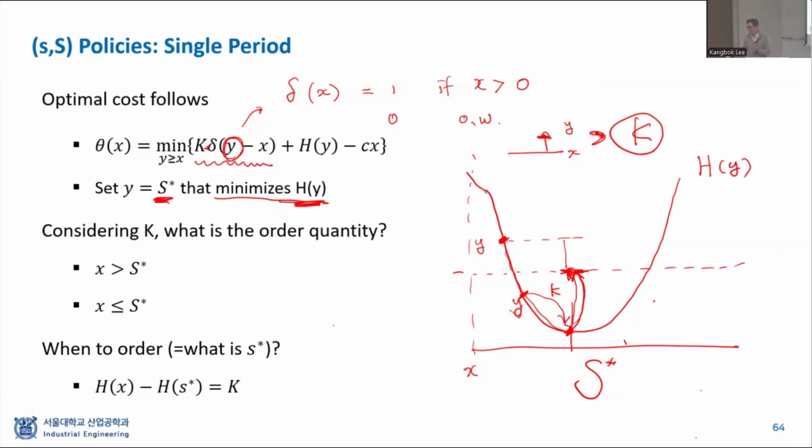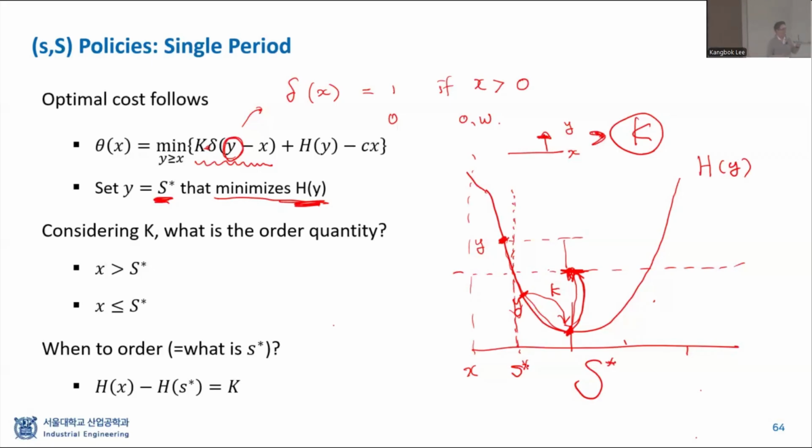That's why you are more conservative in making an order due to this cost. So we have to divide the space before and after this K, and that's where the small s exists.